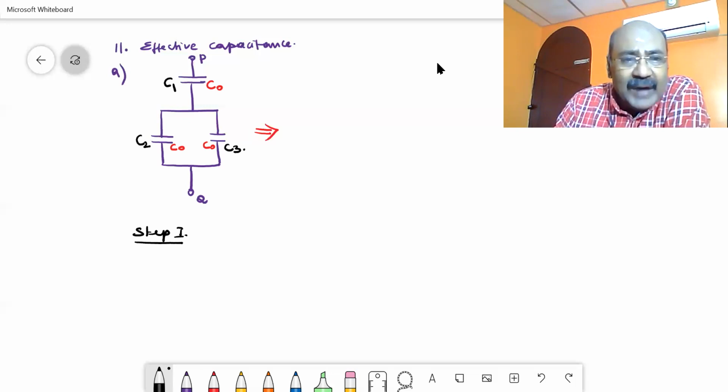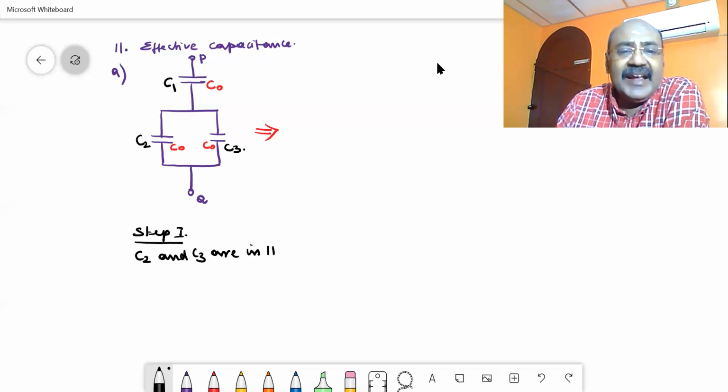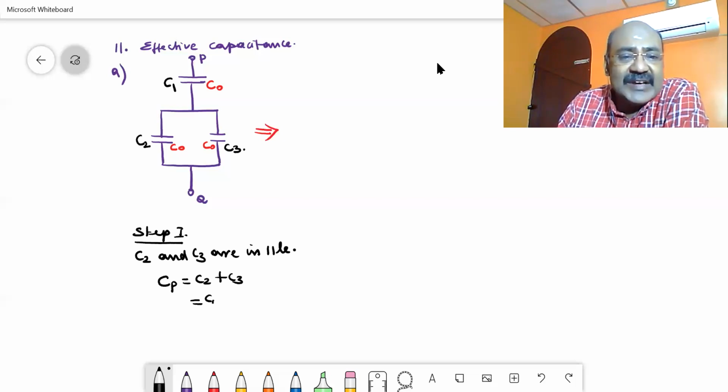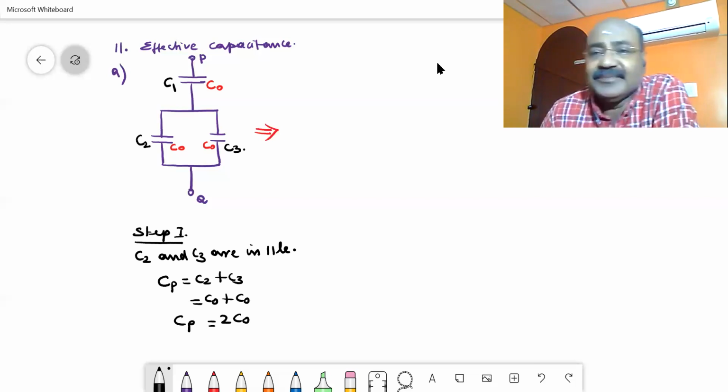So step 1 is C2 and C3 are in parallel. What is the value? Cp will be equal to C2 plus C3. C2 is C0, C3 is also C0. So Cp is equal to 2C0.